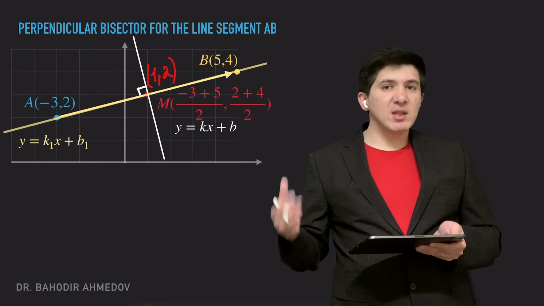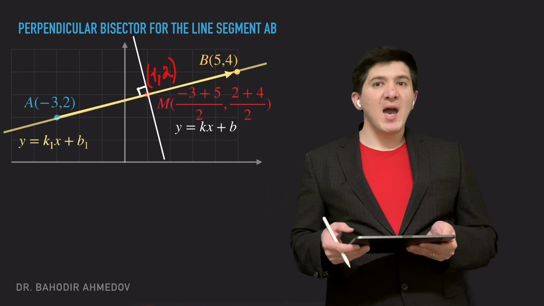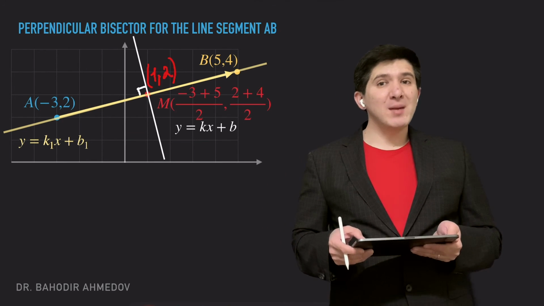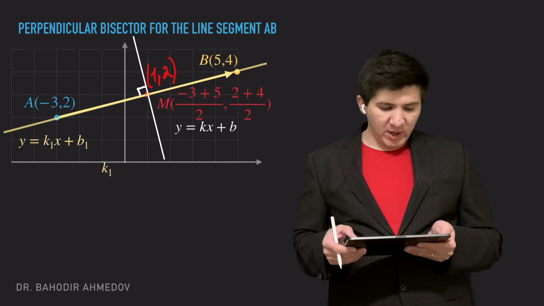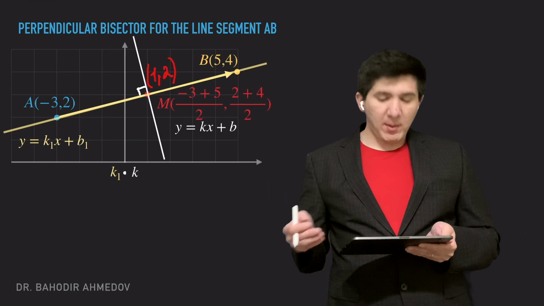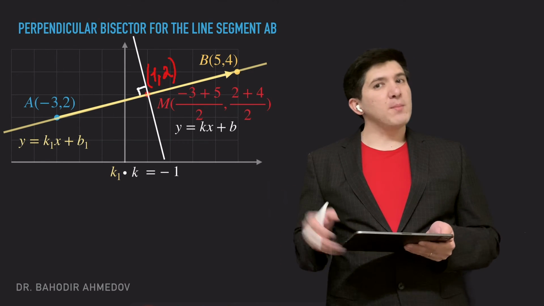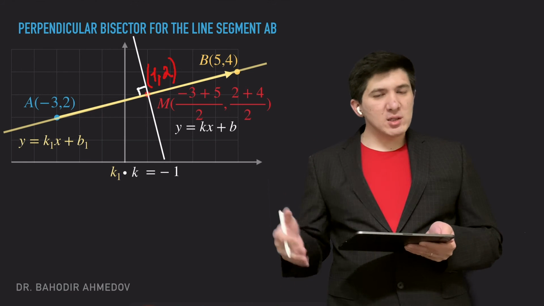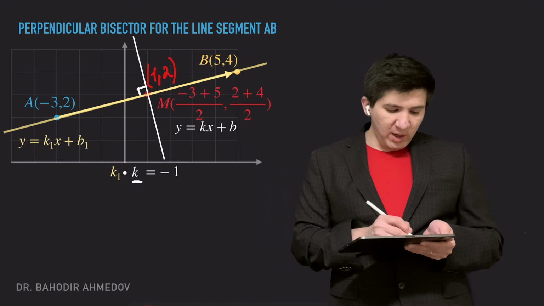And if the white line is given as y = kx + b, and they are perpendicular, then the multiplication of their slopes is equal to -1. So essentially, k1 multiplied by k is going to be equal to -1.